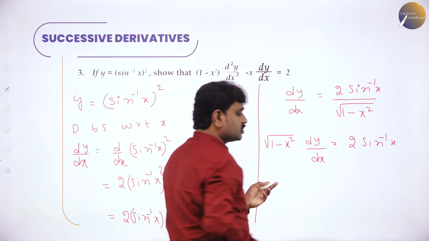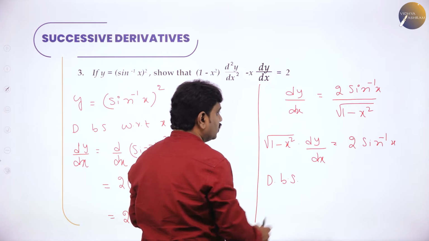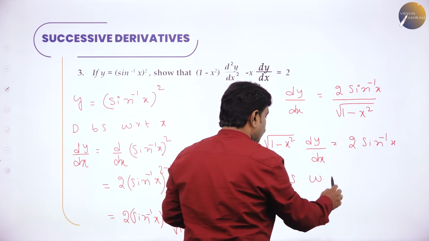Now you differentiate both sides, so that we can use the product rule. So differentiate both sides with respect to what? x.